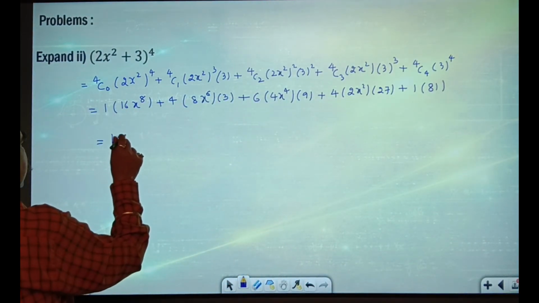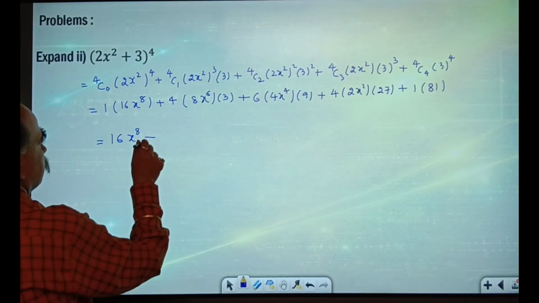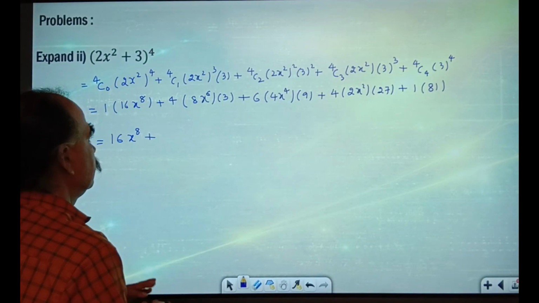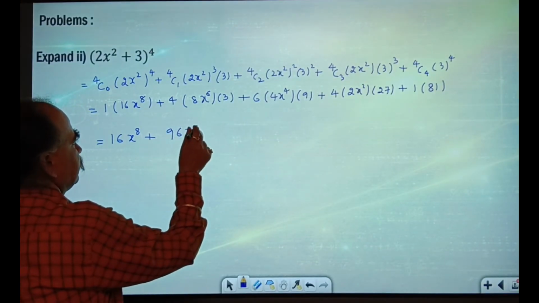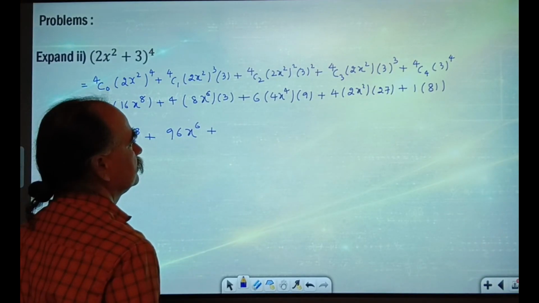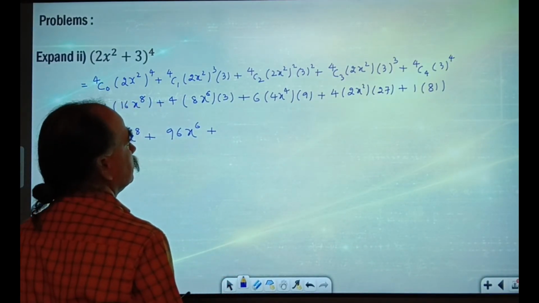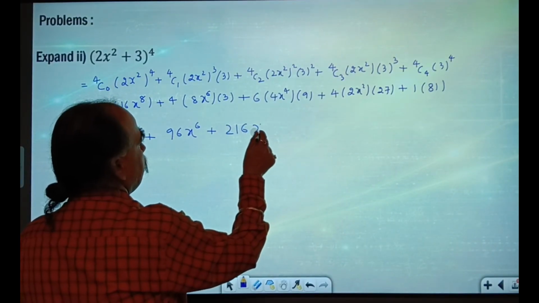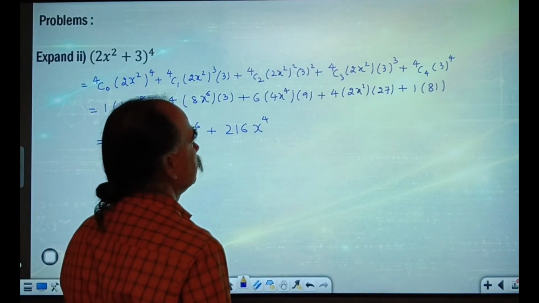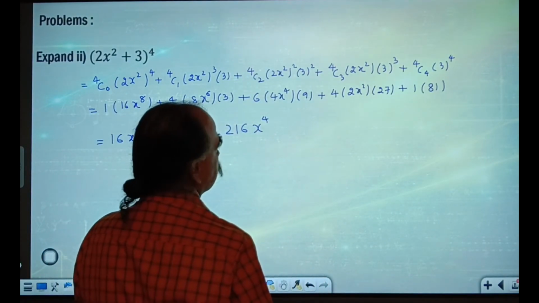This will give you 16x raised to 8, 96x raised to 6 plus 216x raised to 4 plus 54 into 4.